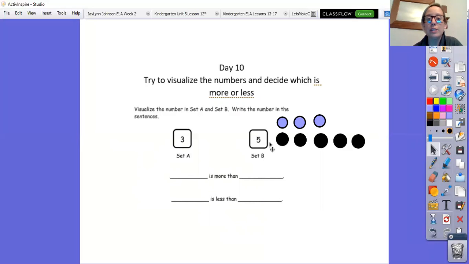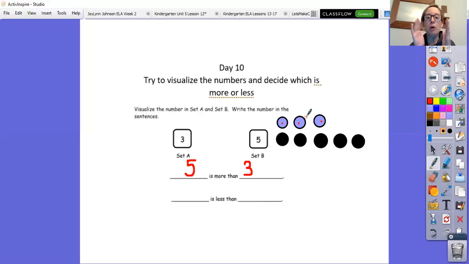Okay, so we could say that what? 5 is more than how many? How many was in set A? Let's count again. 1, 2, 3. So 5 is more than 3. Okay, and if we're looking down at this one, which one is less or which one has fewer?